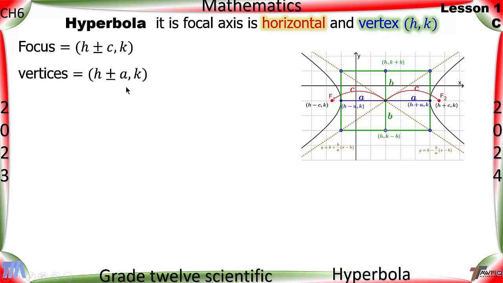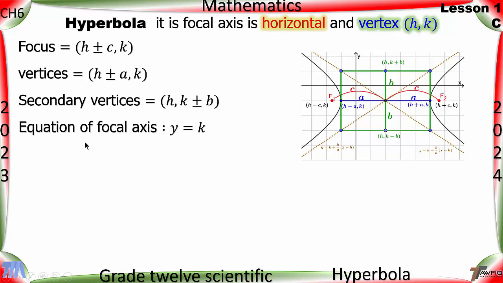So the vertices are (h ± a, k). And the secondary vertices are (h, k ± b).